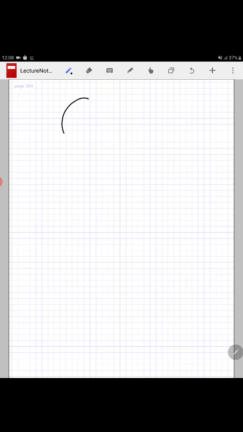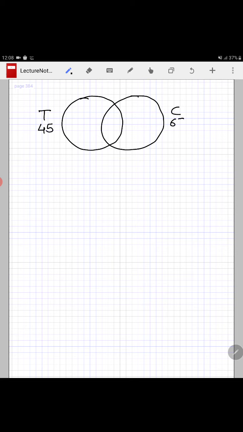Now, let's take the example of coffee and tea the same as before. Tea lovers total 45, coffee lovers total 65. So 45 plus 65, 110. The excess is 10. So 35 is purely tea and 55 is purely coffee.